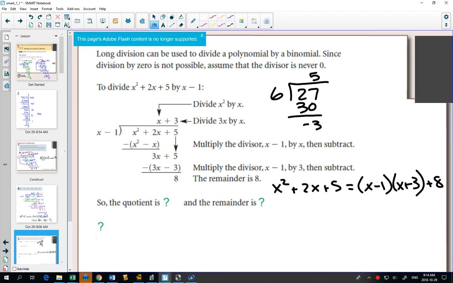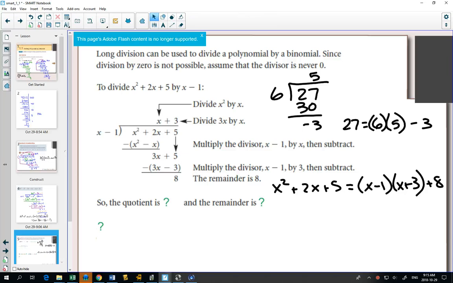Technically, this is not wrong. Because is it still not true that 27 is equal to 6 times 5, and we're off by a little bit? We just need to subtract 3. It means the same thing. But you would have got that one wrong in grade 4 because you went too big. The rule was you couldn't go over. But technically, it means the same thing. In algebra, they're not worried if you go over or not, as long as you're getting as close as possible.